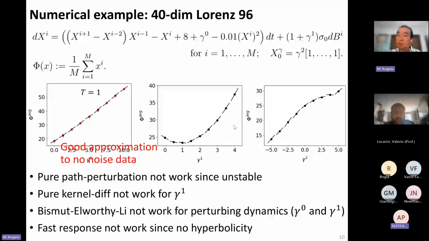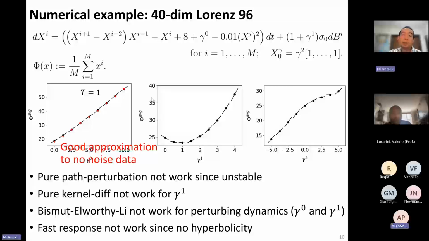And now, indeed, we obtain the first result. And in fact, if you're interested in the deterministic system, which has no noise, then you can see that the red dots are computed on the system without noise. What you can do is add some artificial noise, and then use the path kernel method to compute the linear response of the modified system. And you see that the linear response on the modified system is still useful if you want to optimize the original deterministic system.